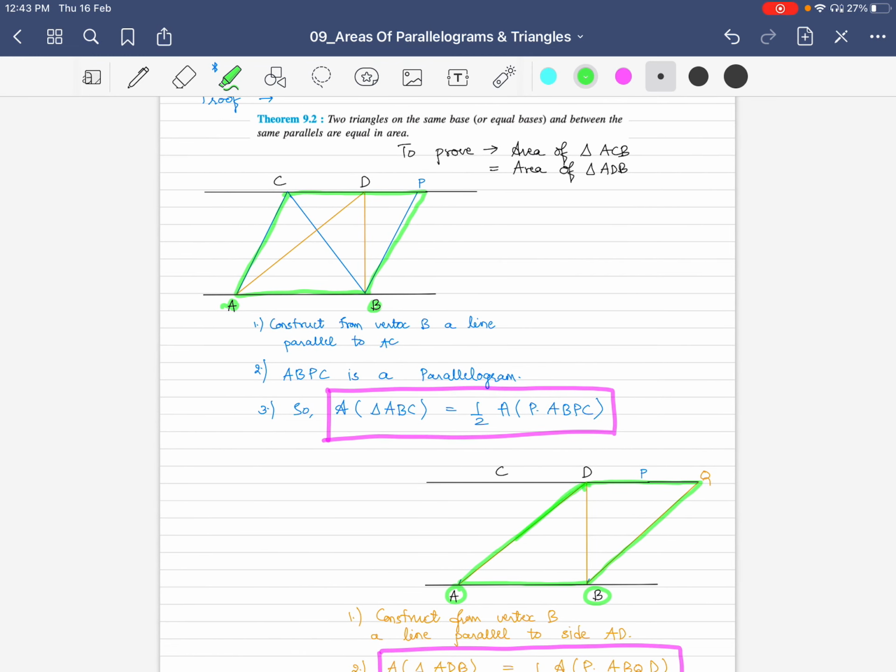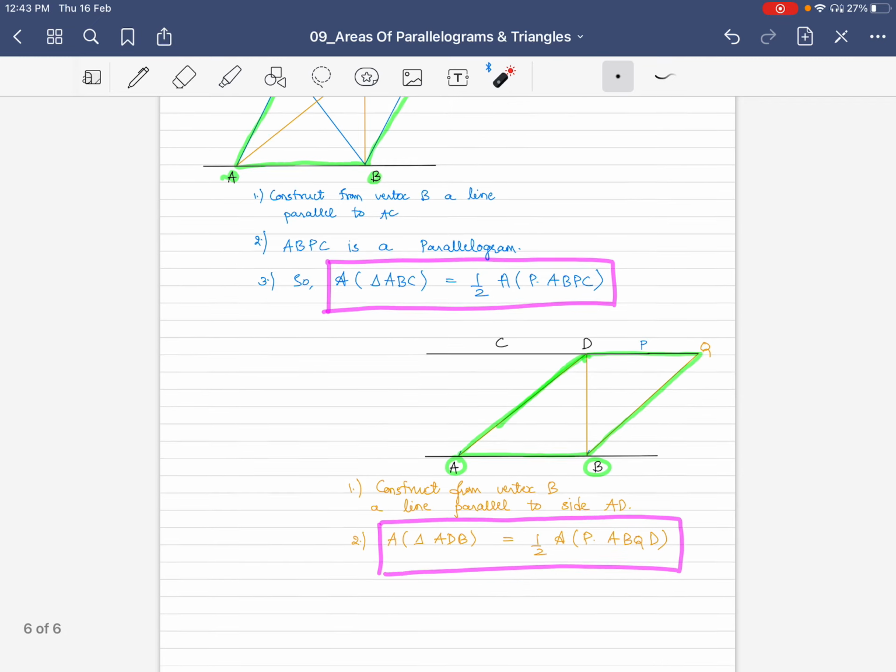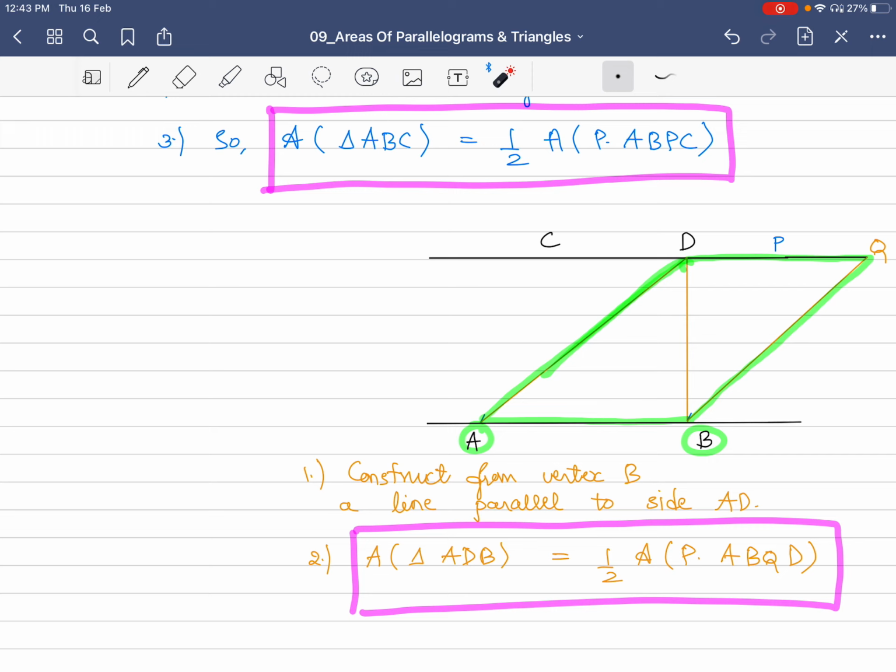So both these parallelograms ABPC and ABQD are between the same base and same parallel lines, which means their areas will be equal to each other.